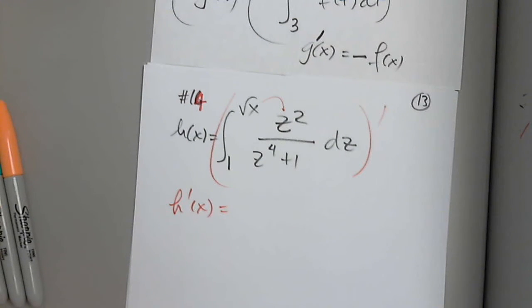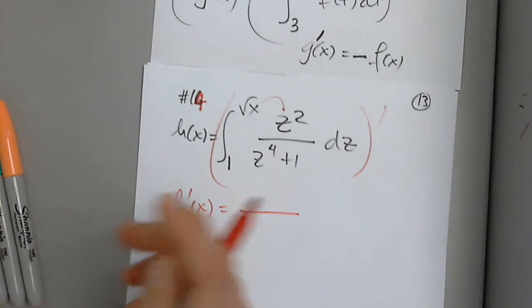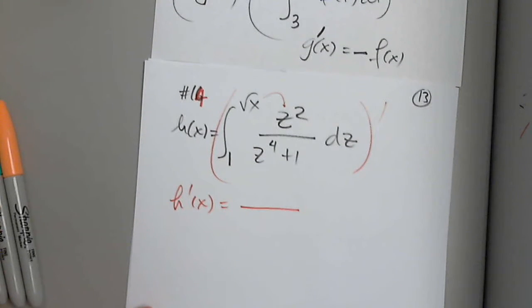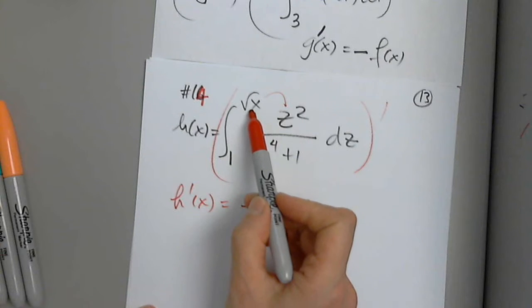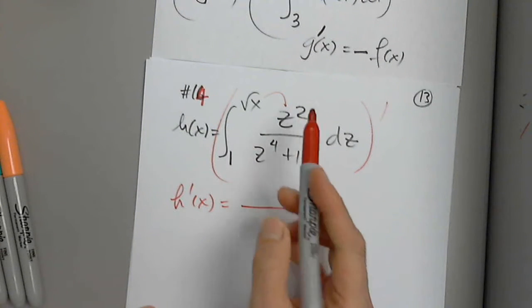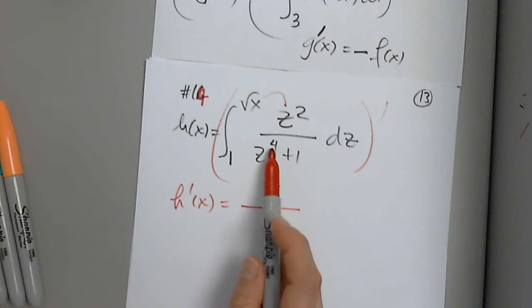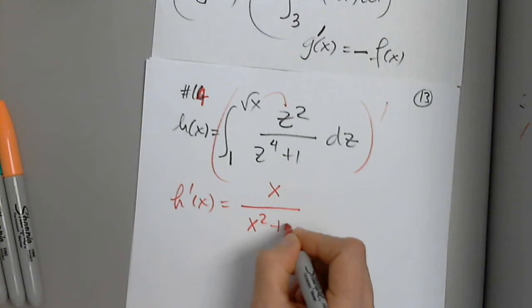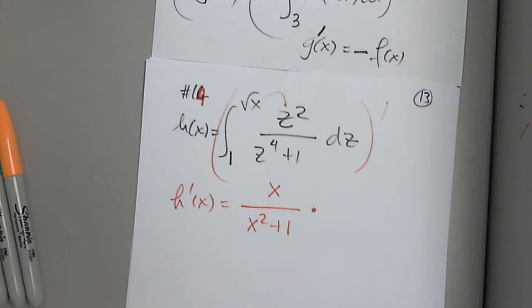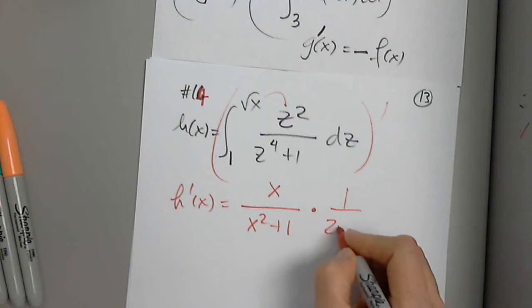So then, what do I write? The square root of x squared, which is x, the square root of x to the fourth, which is x squared, plus 1, times that.